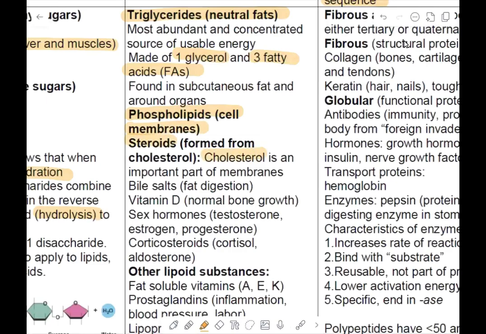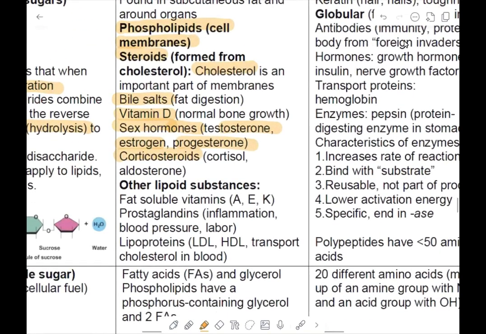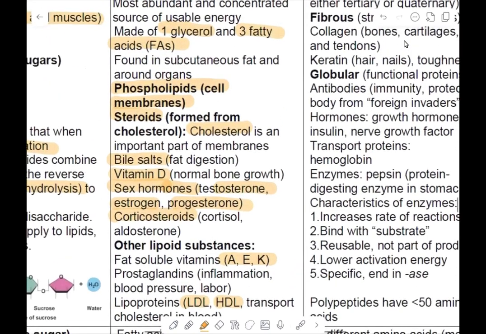Examples of cholesterol molecules would be things like bile salts, vitamin D, sex hormones like testosterone, estrogen, progesterone, corticosteroids, and other lipid substances are these three vitamins, and things like LDL and HDL, the so-called bad cholesterol and good cholesterol.